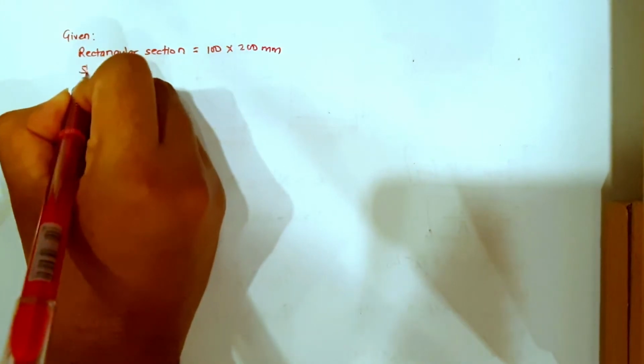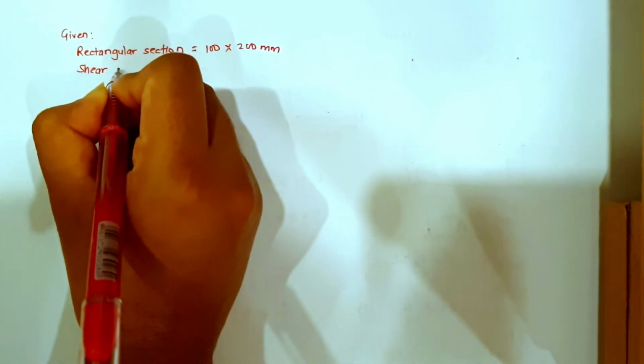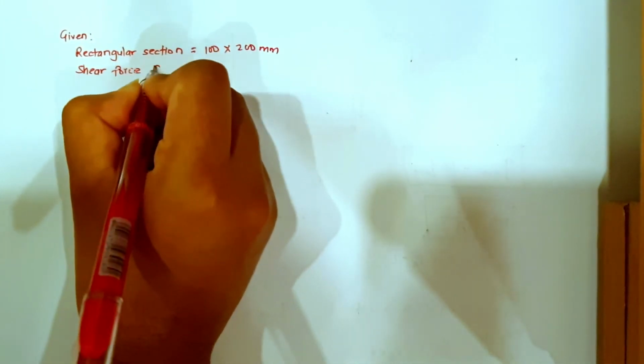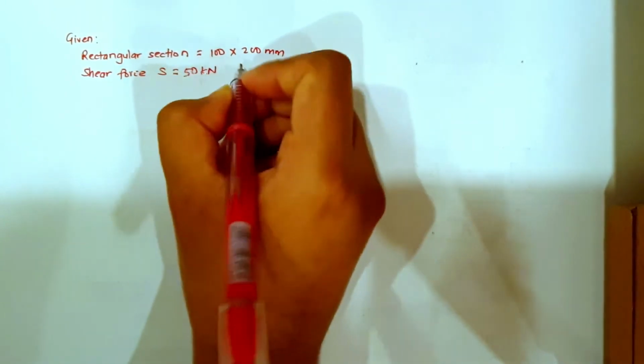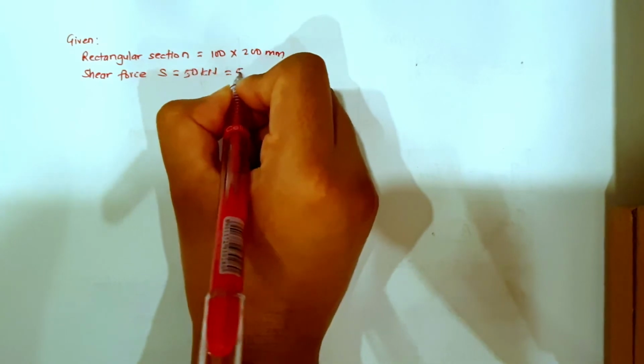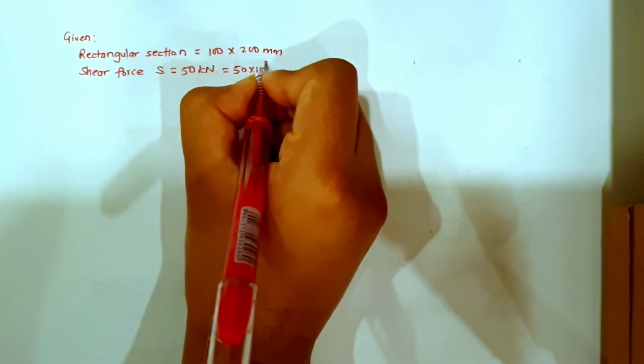Then shear force is given. Shear force S is given as 50 kilonewton, which if we convert into Newton, will be 50 into 10 raised to power 3 Newton, right?